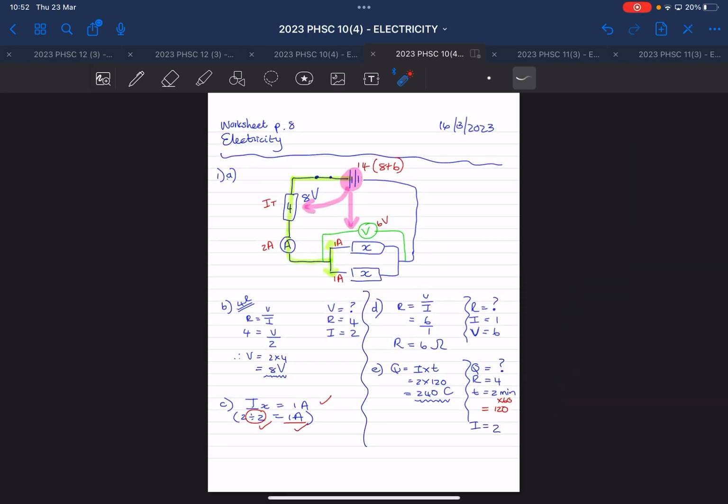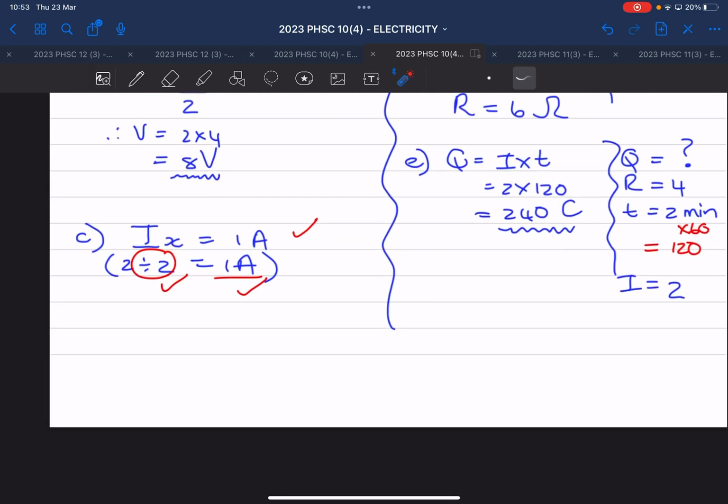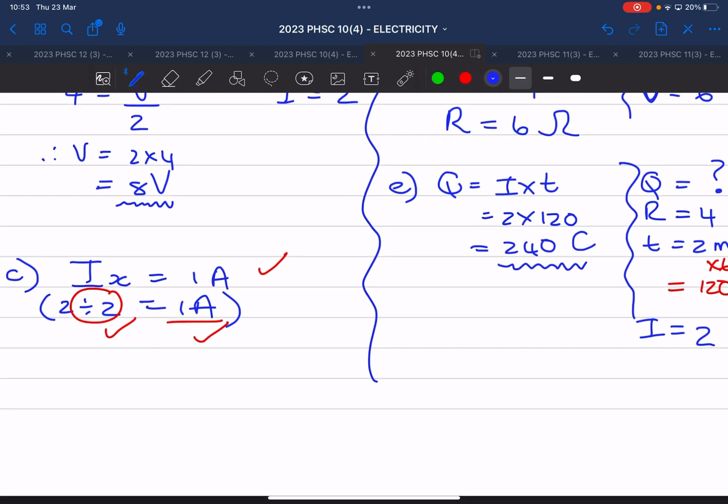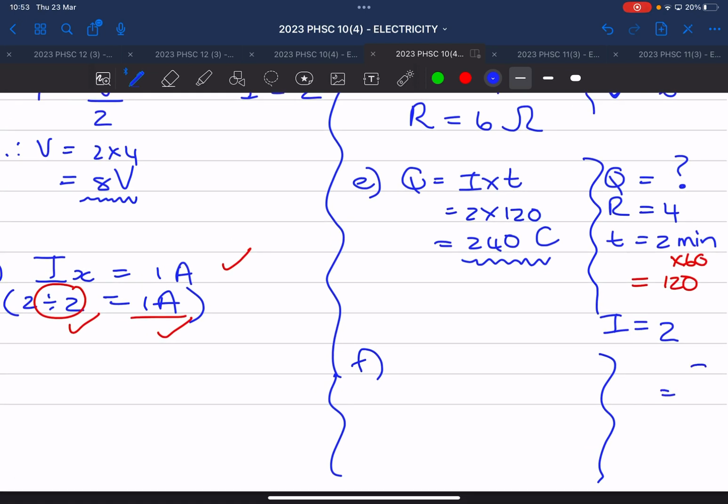Right, then question F. They ask, what is the work done in those 2 minutes? Tatu, what is the symbol for work? Go back in your notes. Page 1.